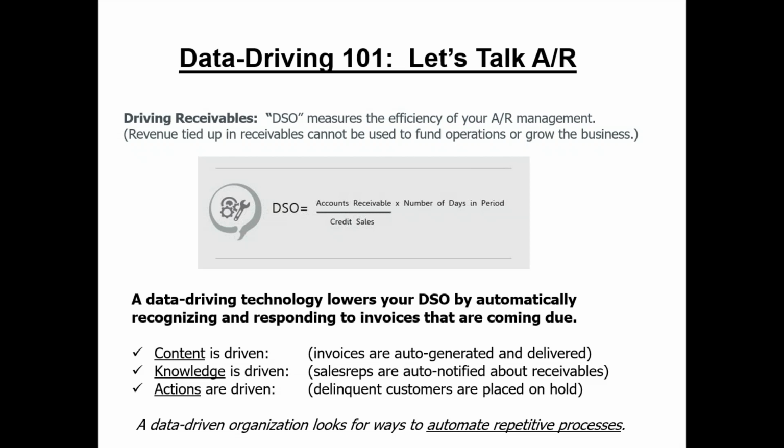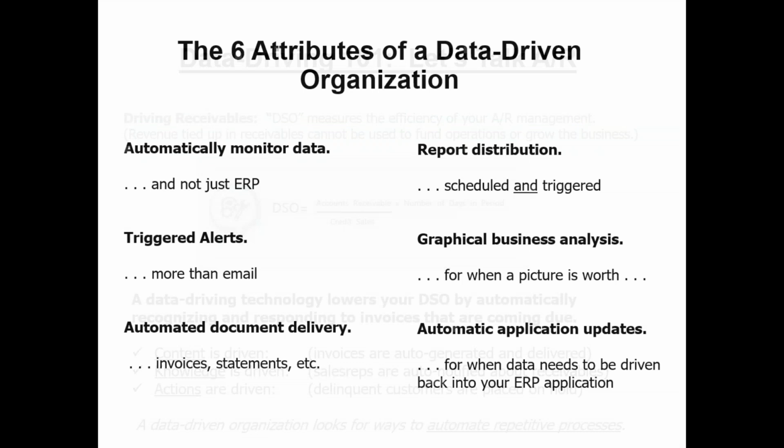All of these things being done automatically instead of having to rely upon you and your colleagues to take these actions. Now, when talking about a process like AR invoices, I think it's important to note that one of the key uses of a data-driven technology is to automate repetitive tasks or processes within your organization. Whether that's the generation and delivery of invoices, statements, or purchase orders to your suppliers, these are the types of business processes that can really benefit from a data-driven technology.